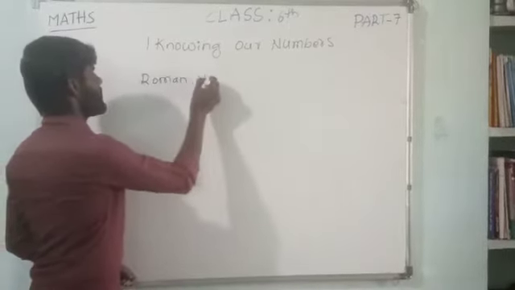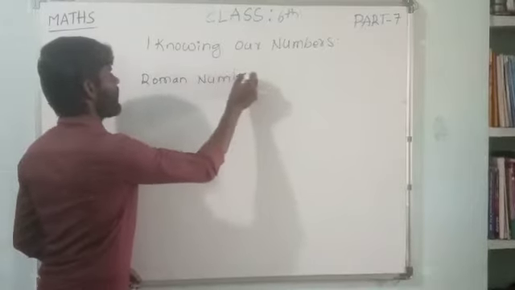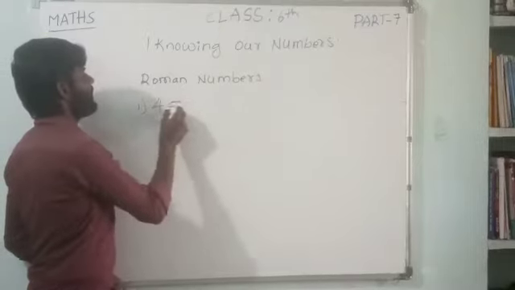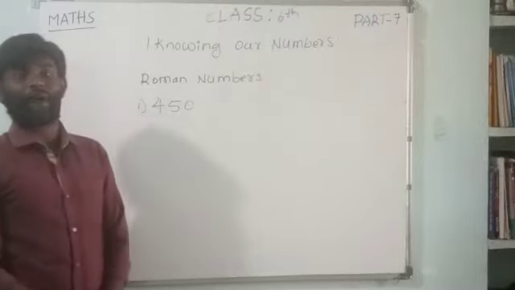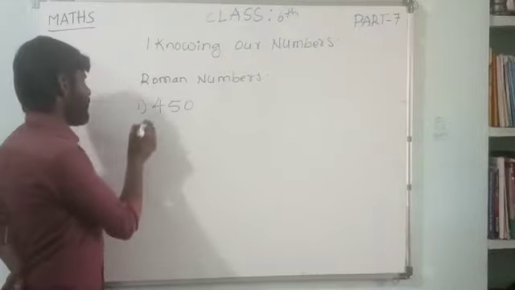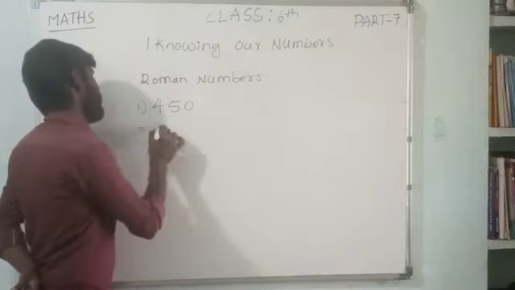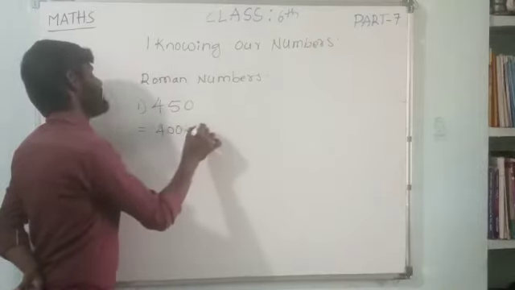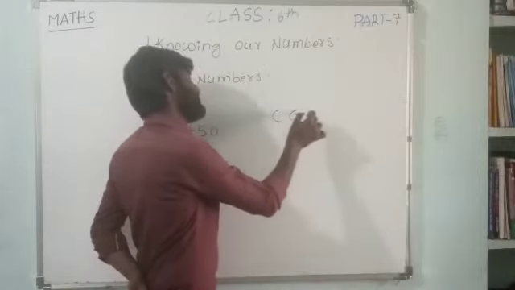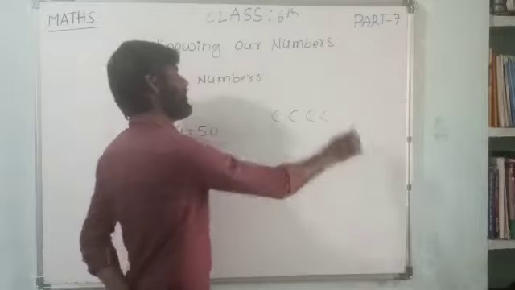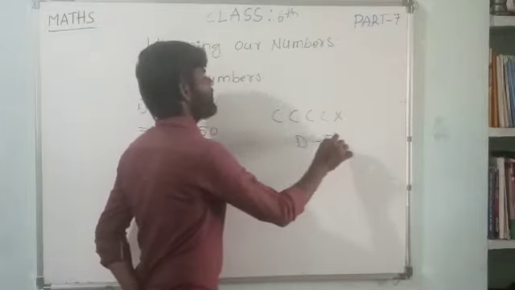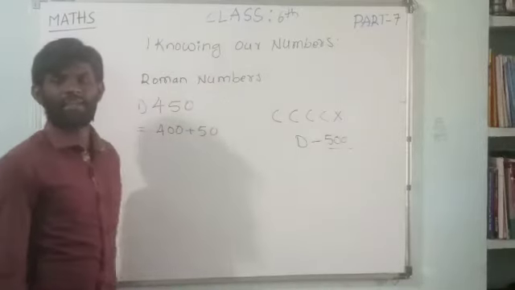Roman numbers. Suppose they ask you, 450, how can you write it? You can write this as 400 plus 50. Can you write 400 like this, CCCC? No, this is the wrong way. Here D means 500.